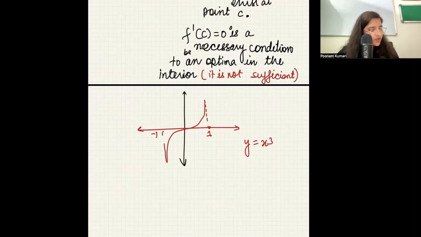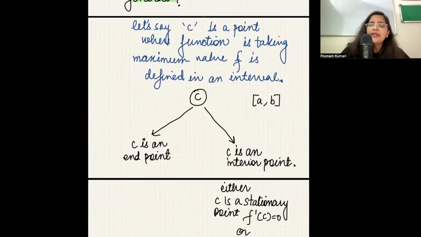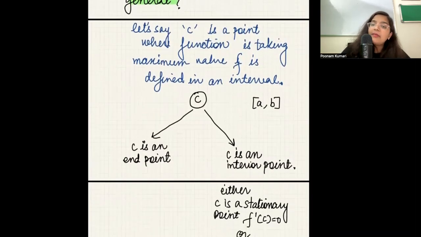Right? So what did we see? Any point which is becoming a maxima or a minima is either a stationary point, or a border point, or a point where your function derivative does not exist, right? So whoever your candidates are, you can assume all these numbers are people, and these people are fighting an election.